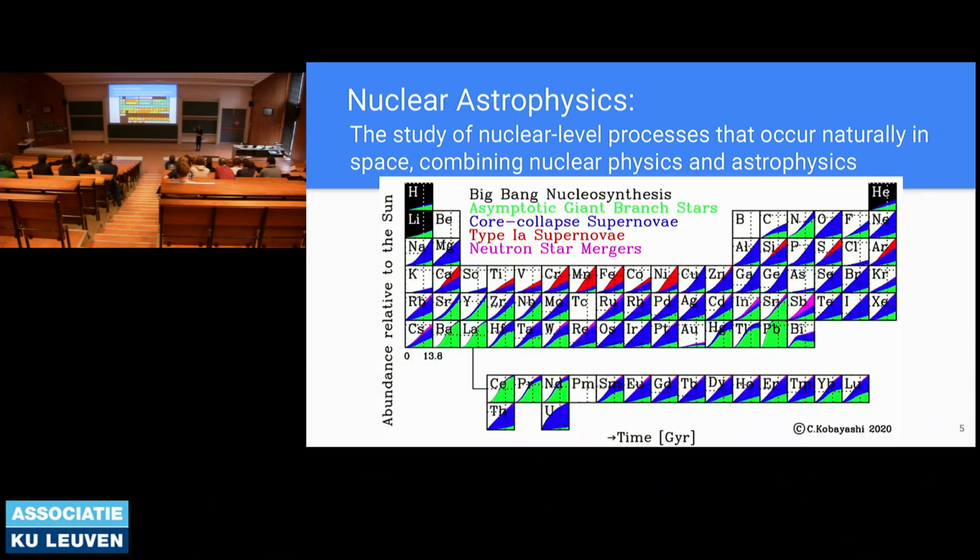The only problem is if we then look at it a little bit differently, and this is again the periodic table, but this one has a little bit of extra information in the squares. So on the x-axis of this figure, each of them has the time in giga-years, from the Big Bang all the way to the origin of the solar system.